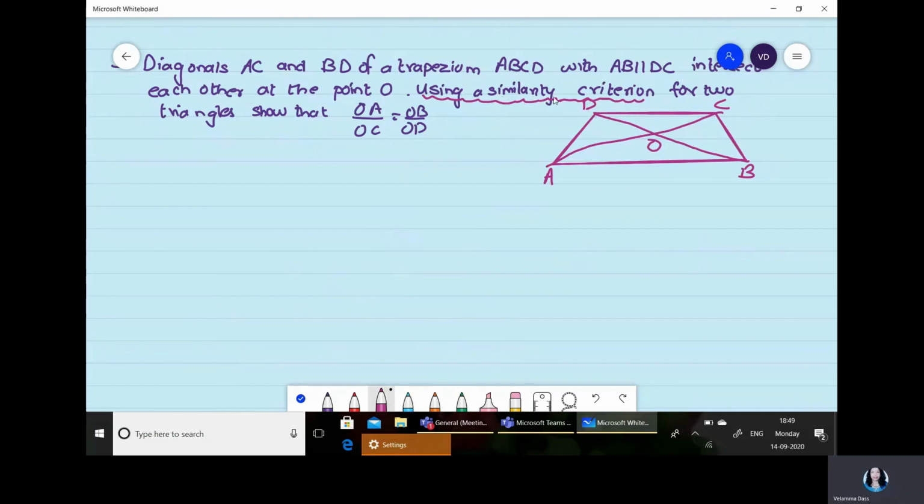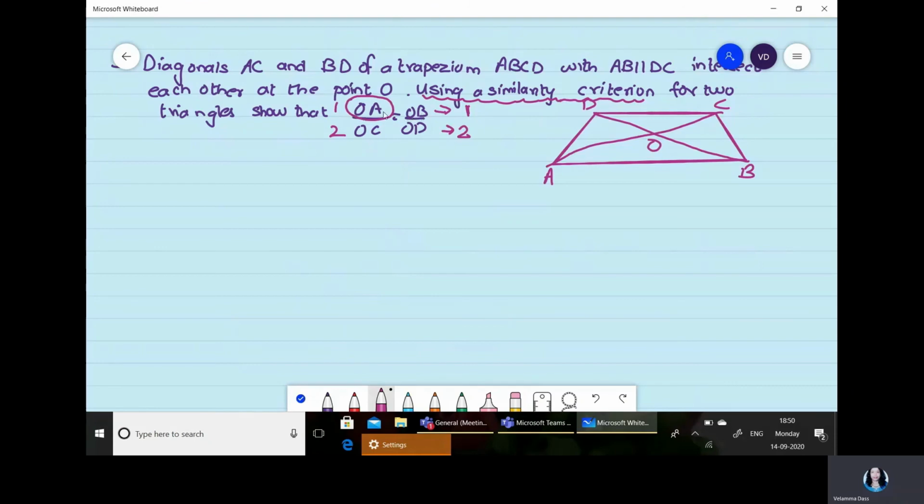Okay, so using a similarity criterion for two triangles, we have to show that OA upon OC equals OB upon OD. When I compare, this represents the sides of the first triangle, and this represents the sides of the second triangle. Whenever you prove two triangles similar, we take the first two letters upon the first two letters of the second triangle, then the second and third, and so on.